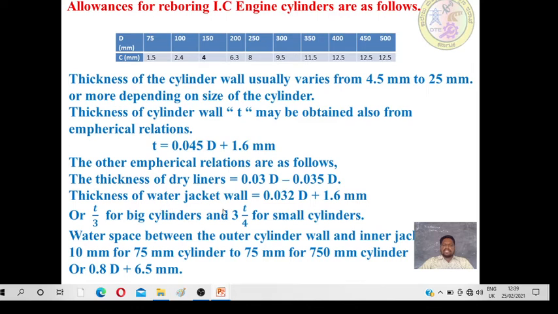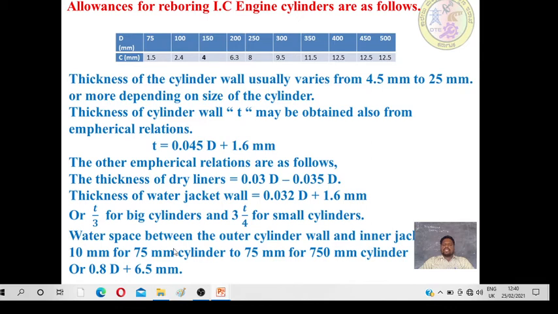The thickness of the water jacket wall is equal to 0.032 D plus 1.6 mm. Or the thickness of the water jacket wall can also be obtained by T by 3 for big cylinders and 3 into T by 4 for small cylinders.